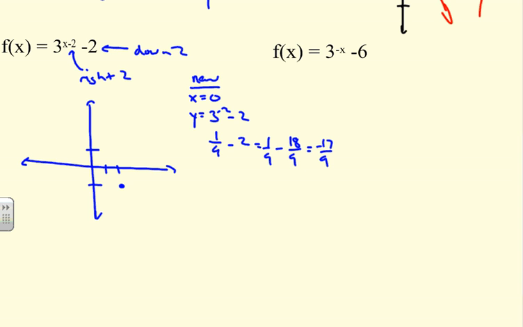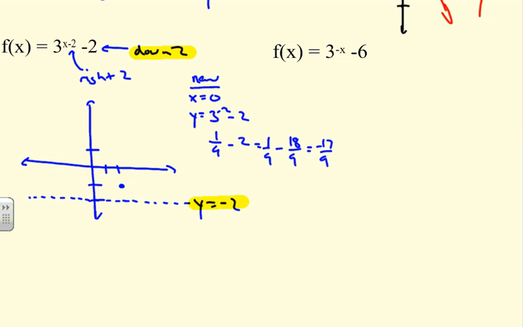Okay, and the next one that we have is moving down 2. And if you remember from our previous example, that means we're also moving our horizontal line. So when we have a vertical shift, in this case, our vertical shift is moving down 2. So we should have this right at y equals negative 2, because once again, the horizontal asymptote matches the vertical shift.